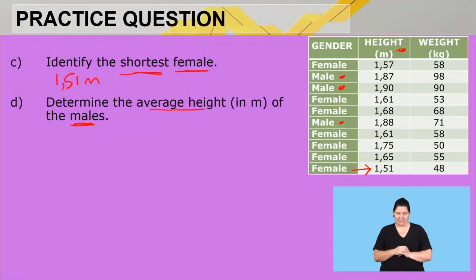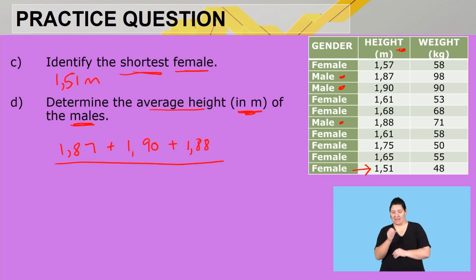So therefore, I'll say 1.87 plus 1.90 and then plus 1.88. And remember, all of this is in meters, it's indicated there in the table as well. How many males do I have? 3. So therefore, I'll divide that by 3.